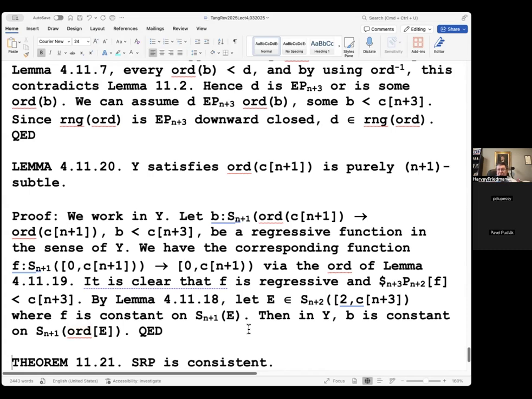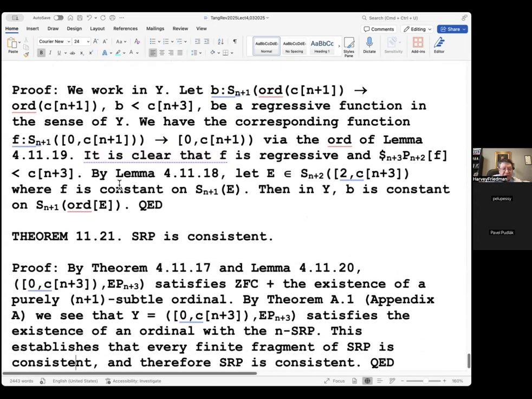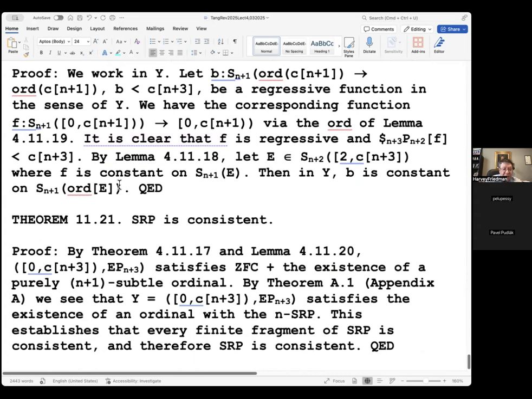So this requires you to go back and forth between the structure Y, which satisfies ZFC, and W, the part of W that lives below C n plus 3. And we get that the ordinal in Y corresponding to C of n plus 1 is a large cardinal of the kind that we want. Okay, then we get that SRP is consistent because n is arbitrary.